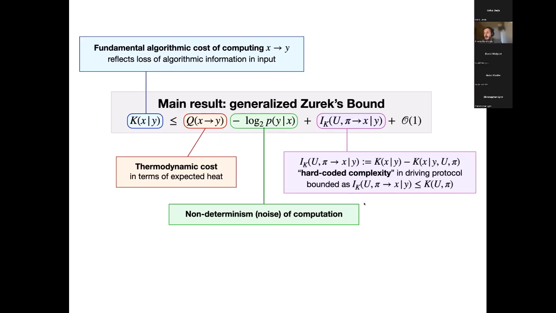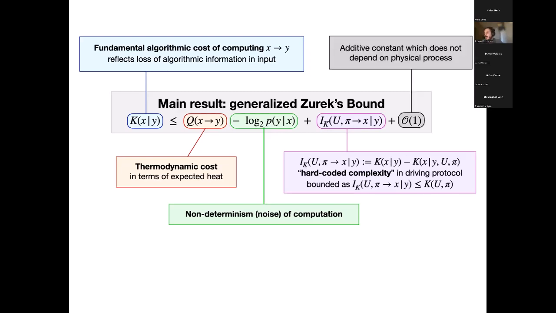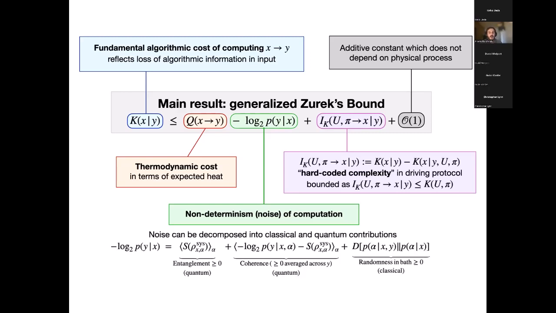So I also want to point out that the non-determinism, the noise, this last term is an additive constant, which now doesn't depend on the choice of physical process, but just on the choice of the Turing machine used to define the Kolmogorov complexity. And the noise can also be decomposed into three contributions, which can be either classical or quantum.